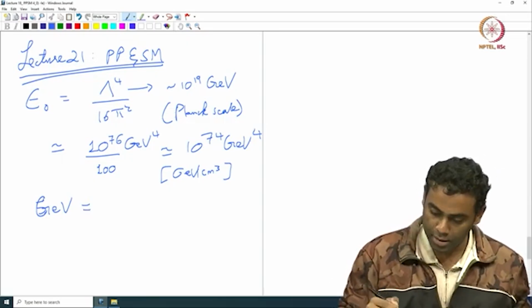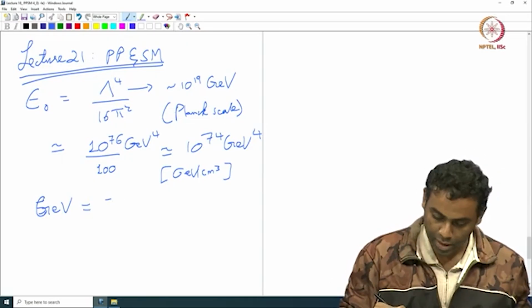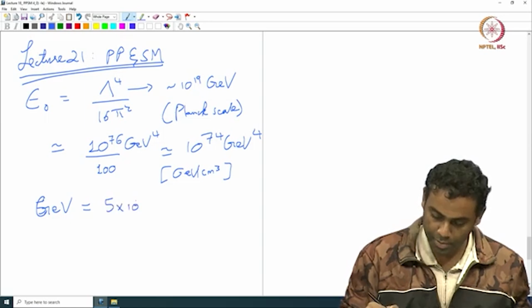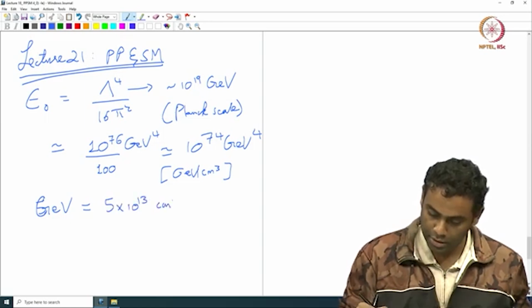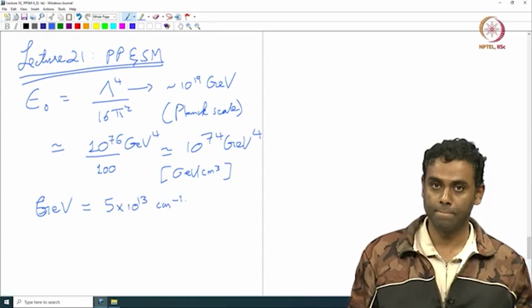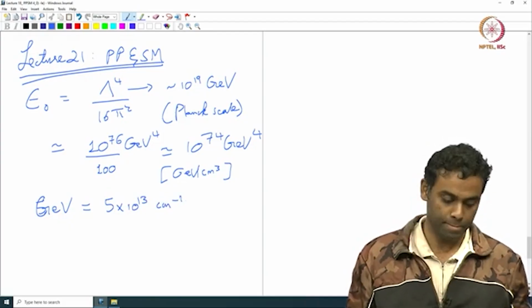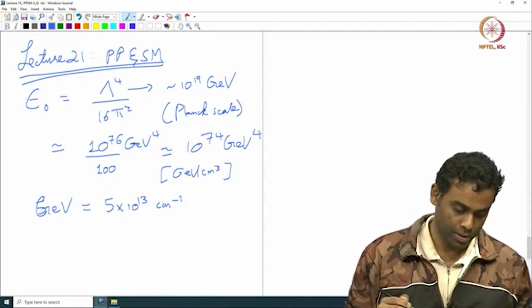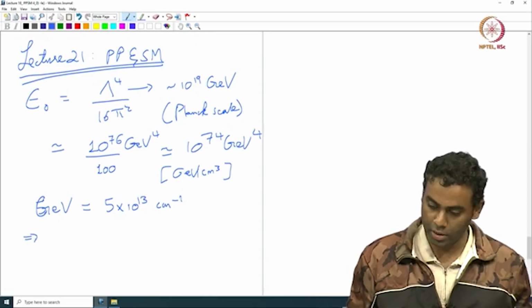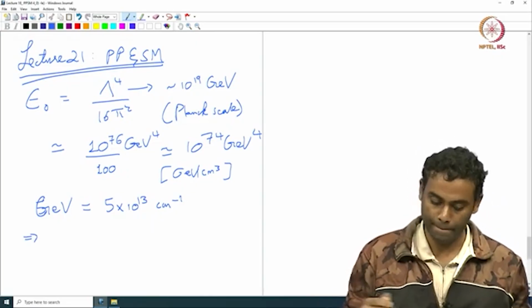All right, but now I am just going to write this down. I know for a fact that a GeV is 5 times 10 power 13 inverse centimeter. Okay, so that means what I want is in terms of inverse centimeter cubed, right?